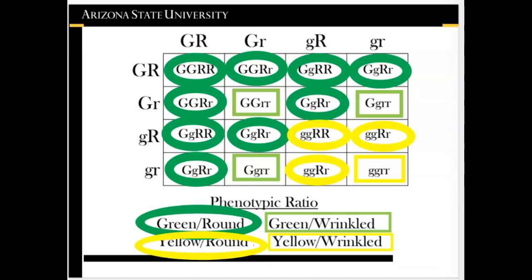We'd have green and round, yellow and round, green and wrinkled, or yellow and wrinkled. So I made green round a green circle, yellow round a yellow circle, I guess they're more oval, green and wrinkled a green rectangle, and yellow and wrinkled a yellow rectangle. In this case, we want to say yellow is dominant and round is dominant, so I always label those first.